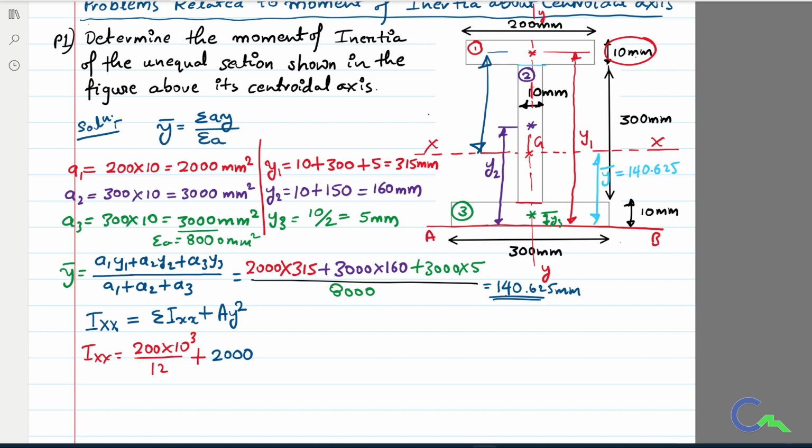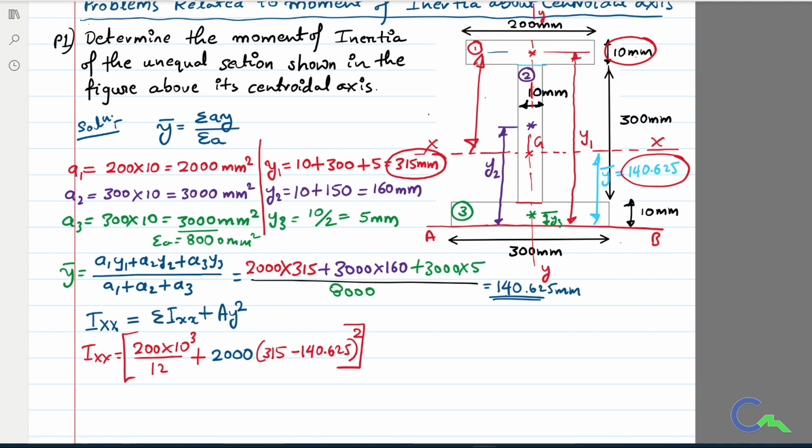That is 315 minus 140.625, which is the actual distance from the centroid of the first figure to the reference axis.